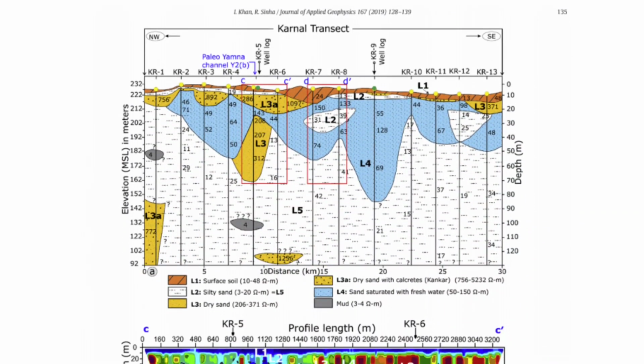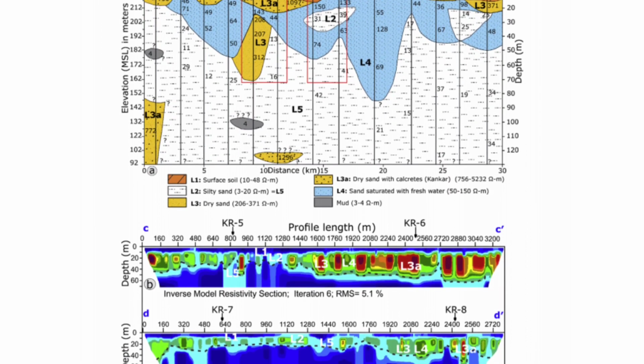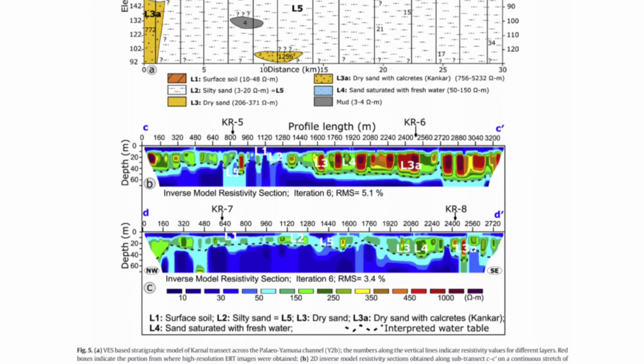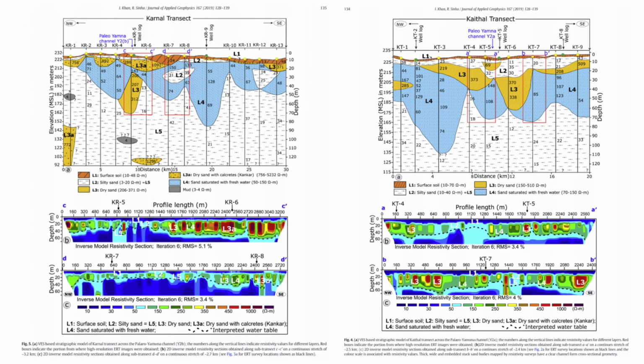In a fine confirmation, the study evidenced wide subsurface sand bodies at a depth of 10 to 20 meter and typically 30 to 50 meter thick. The study actually showed that the Ghaggar or Saraswati lost the connection from the Jamuna about 30 to 50,000 years ago. And the Sutlej was also connected with Saraswati, and the connection was lost about 8 to 10,000 years ago.